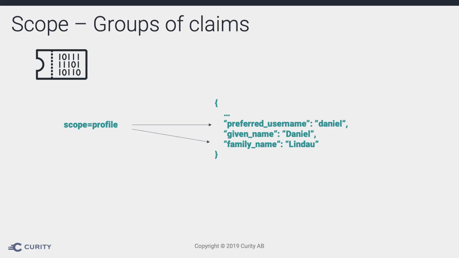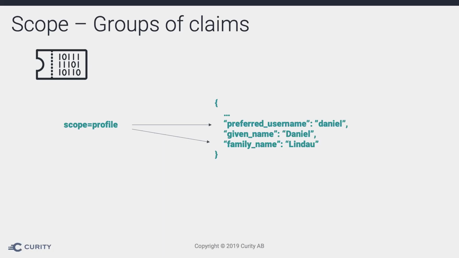In my example there, I got the preferred username and given name and family name, but there's a full list of claims that goes with the profile scope, like address and email address and verified phone number and things like that. But basically my full user profile will be inserted as claims into the token.